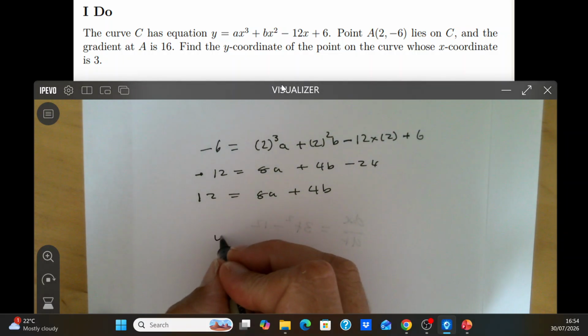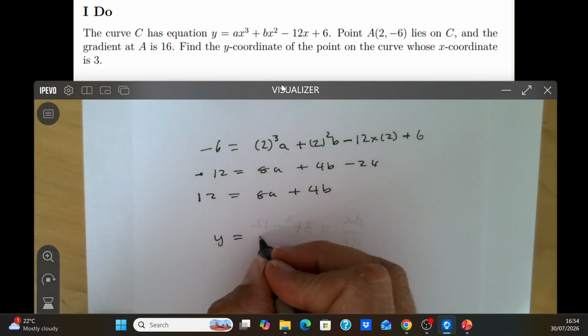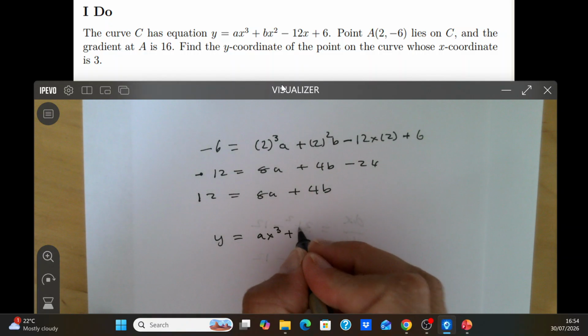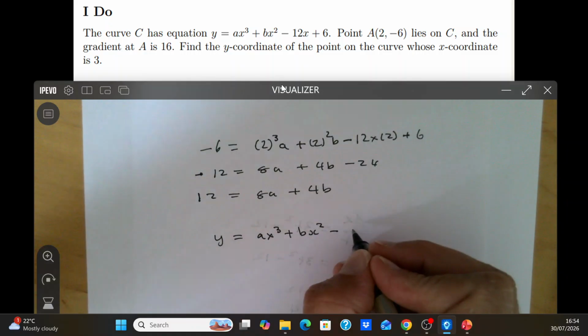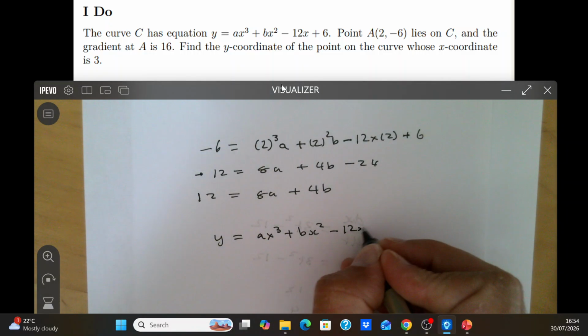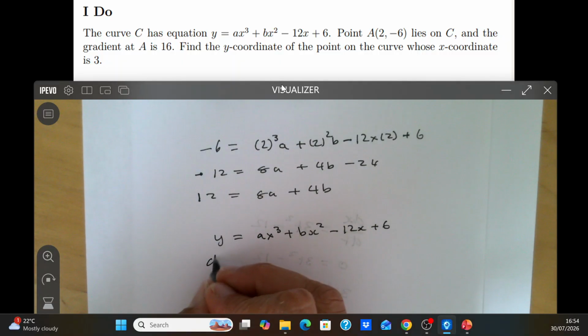Now we know that y equals Ax cubed plus Bx squared, take 12x plus 6. So we're going to differentiate that to find the gradient.